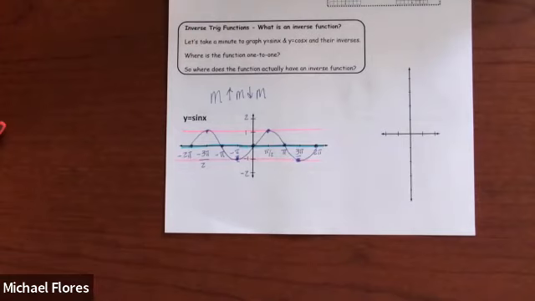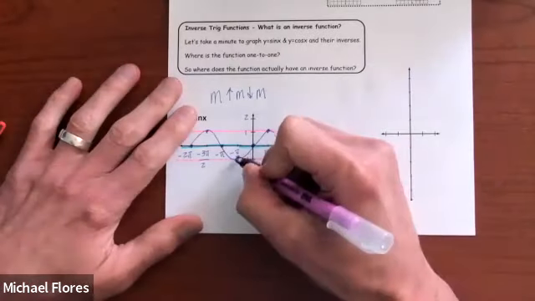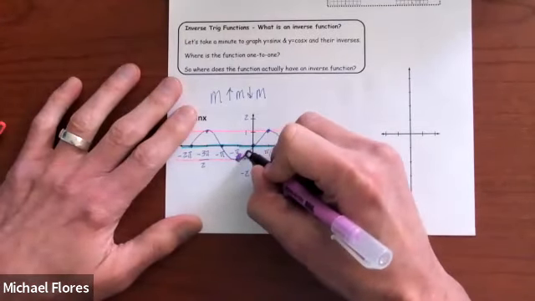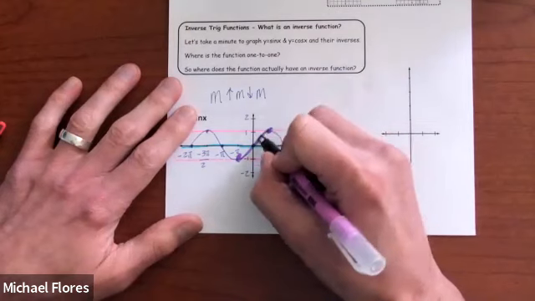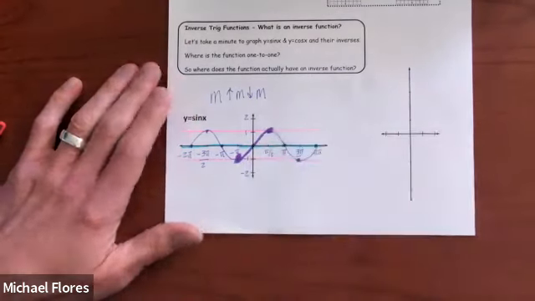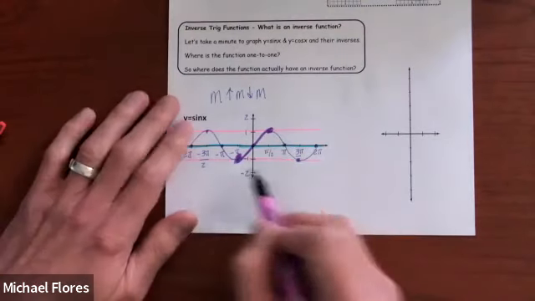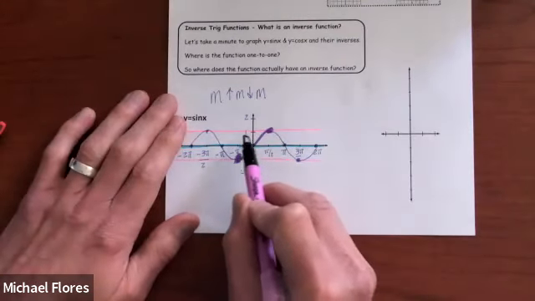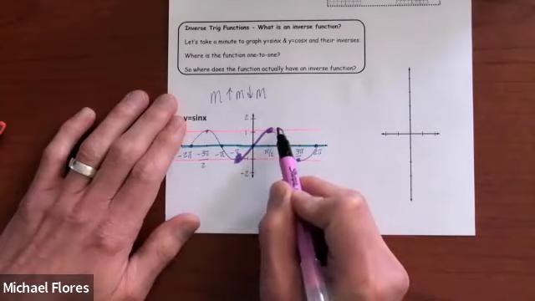That restriction is going to occur right here, at negative pi over 2 to pi over 2. If we were to do the horizontal line test here, it would pass.